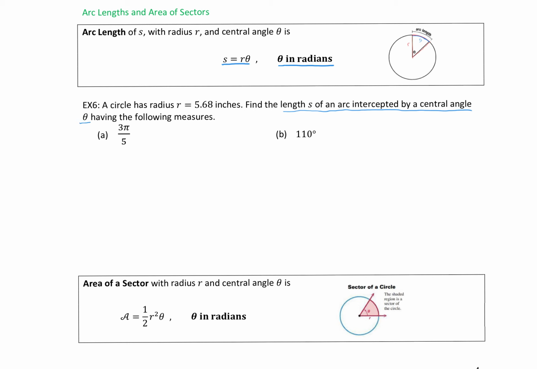So that's just find the arc length. You have a radius, given that angle, what is your arc length? In part A, notice there's no degree symbol, so I can assume that this is in radians. I don't need a conversion.